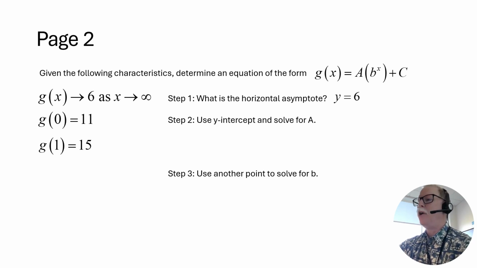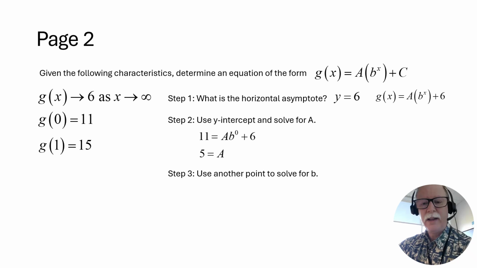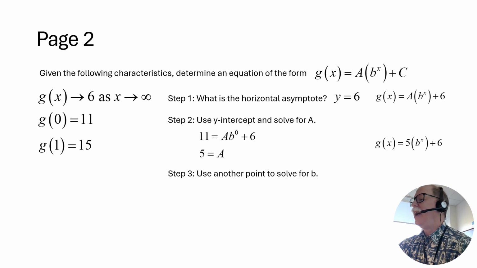The next step, always the next step, use the y-intercept. Plug the x and y values into the equation. I wrote the equation over there. B to the 0 is 1, which is why we need to use the y-intercept in the second step. Solve for a. And off to the right, I do like writing kind of the generic form as I build it up just to give me a visual like that.